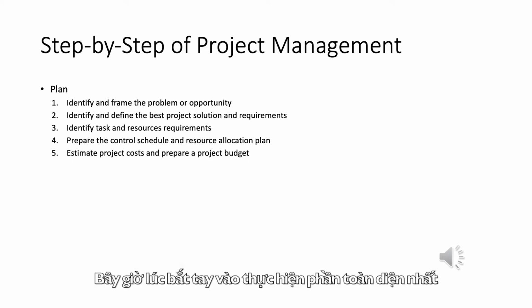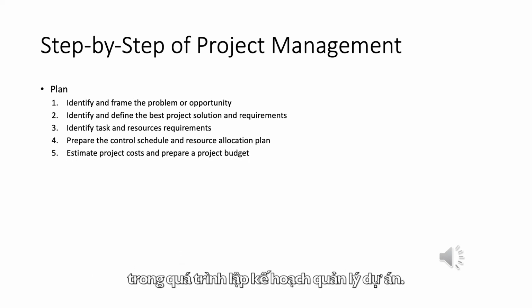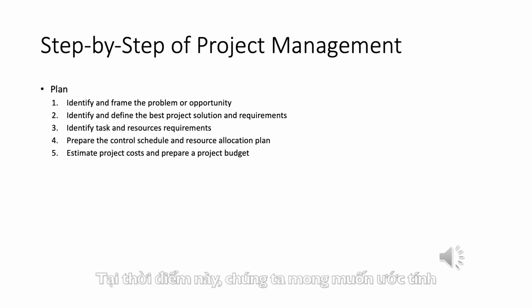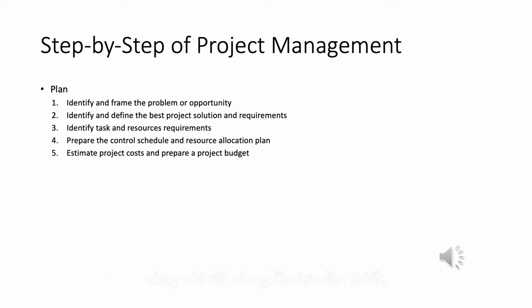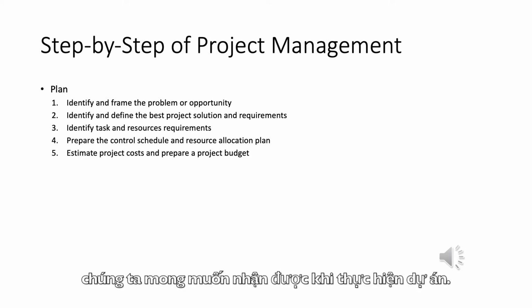Now, the most comprehensive part of the project planning process is ready to be done, and that is we can estimate our costs. At this point, we want to estimate all of the costs associated with each and every task and subtask, and all of the resources that are necessary, both manpower as well as equipment, as well as supplies, and any outside support we wish to subcontract while executing the project.